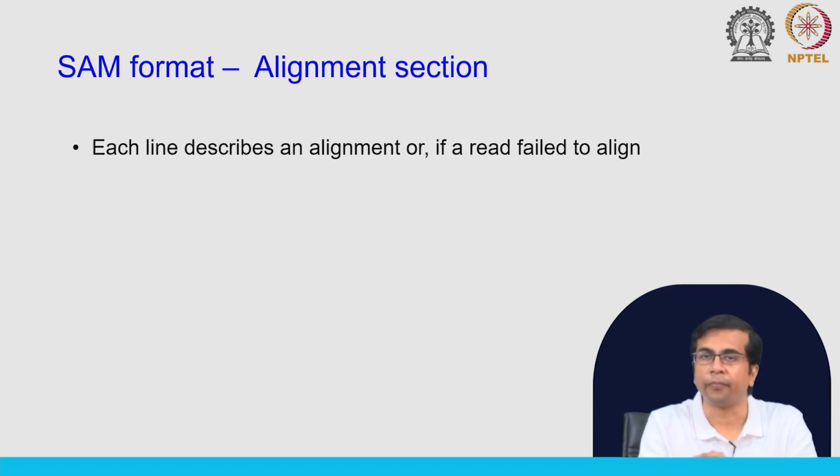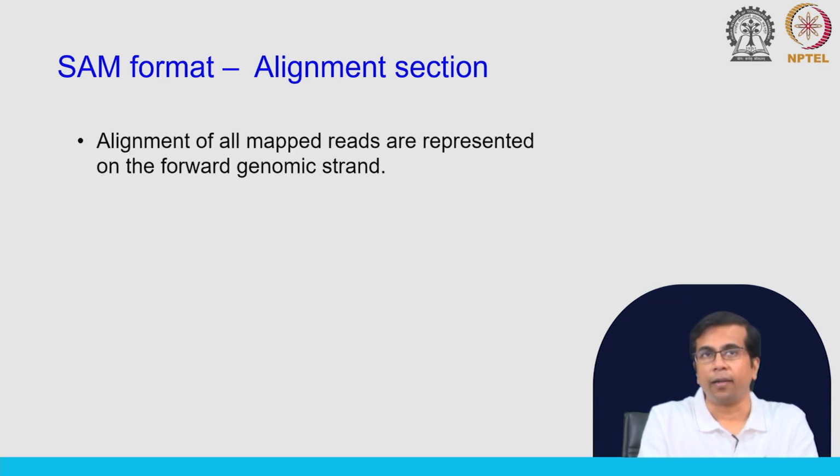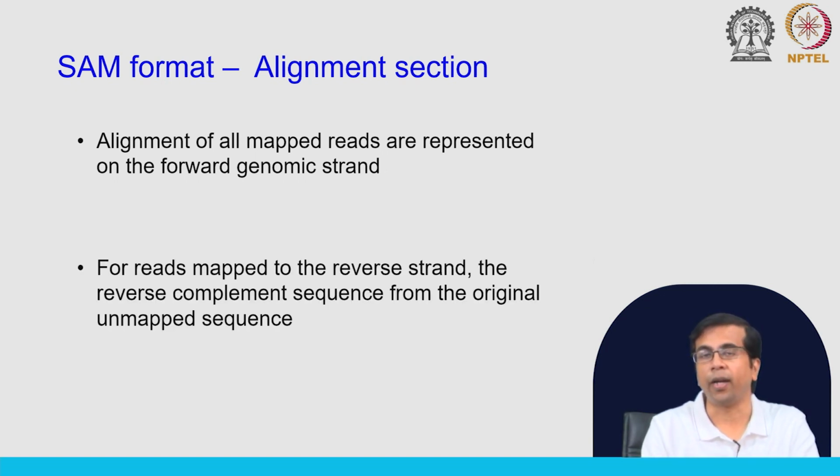One thing we should remember is that alignments of all mapped reads are represented on the forward genomic strand. This is by convention, and if you have reads that map to the reverse strand, they will be provided in the alignment section as reverse complemented. When you are interpreting the data, you should keep that in mind.